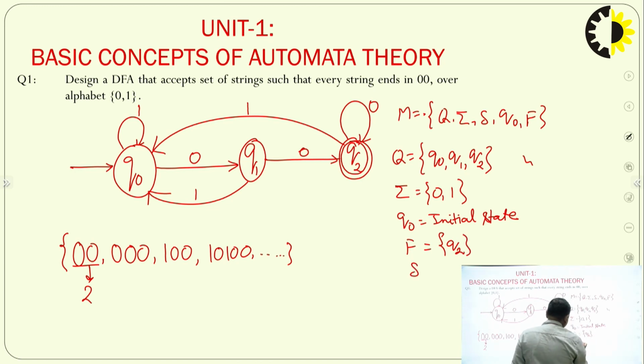Now we have to define the delta, that is called the transition function. How will we define the transition function over there?